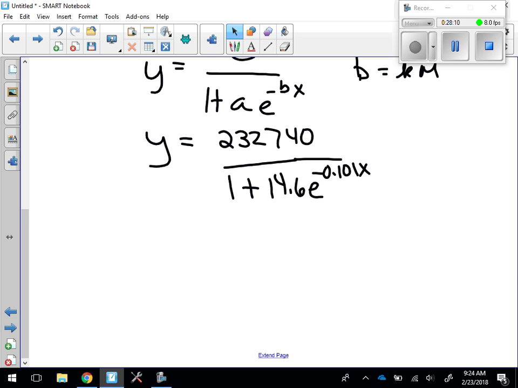Excellent. Okay, so did everybody get a good graph? Okay, your graph goes through your points. Everybody got how to do that? Yes? Okay. So then what does part B ask us? So what does that mean, the population in the long run?